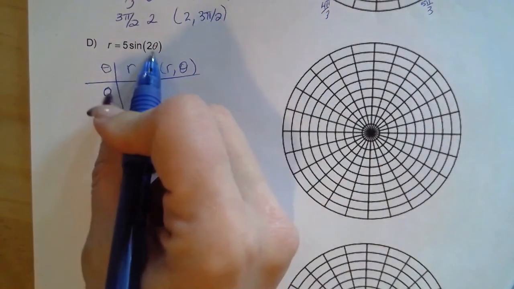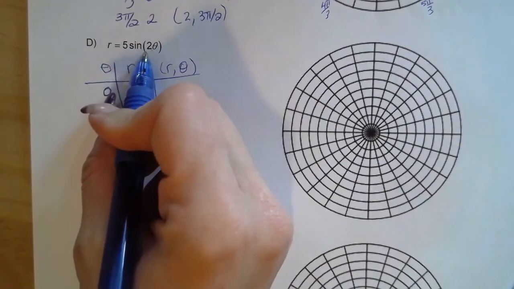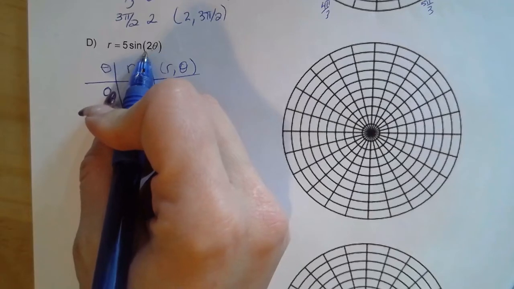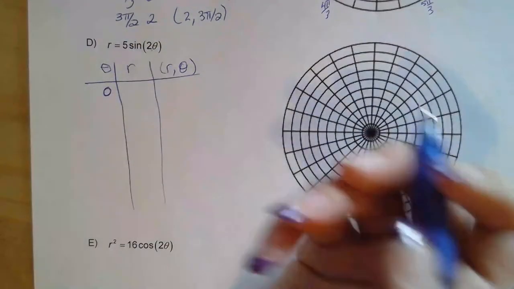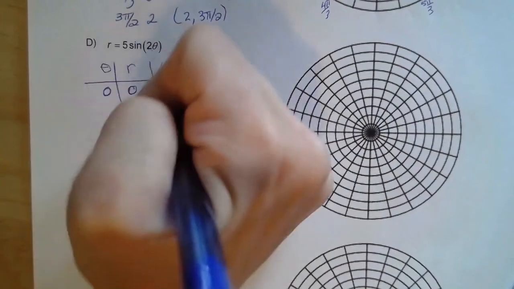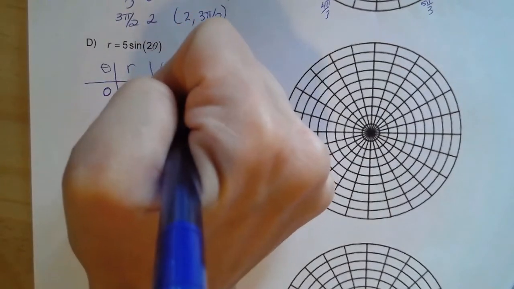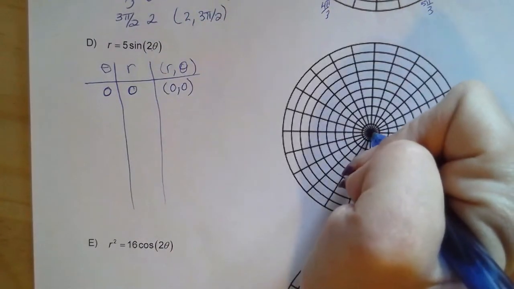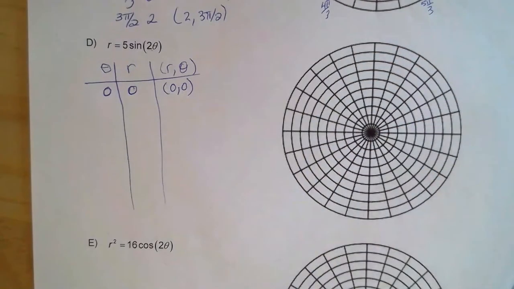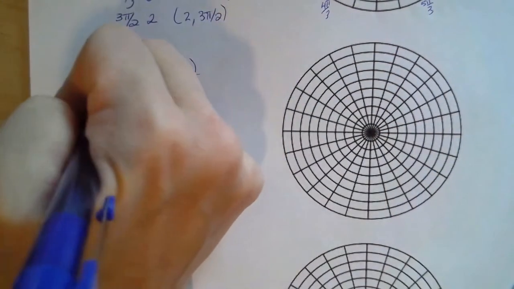So radius, if I double it of 0, so sine of 0 is 0, and 0 times 5 is 0. So we're going to start in the center. Okay, starting in that center. All right, pi over 4.